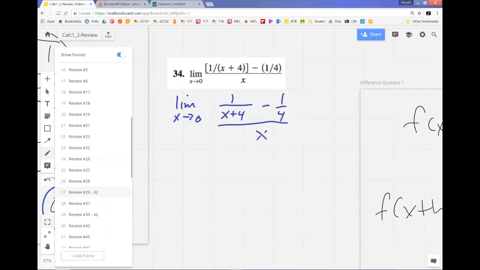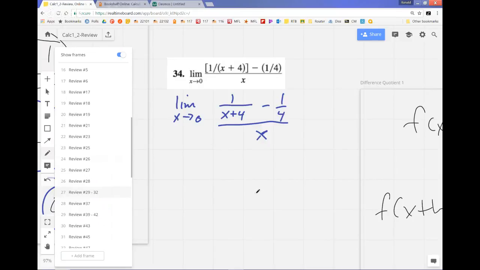So that's the bad news about the way the book will sometimes write a problem. It's a little bit hidden. This is what we're really doing. Well, we can't substitute because of the denominator, so we have no choice but to get that top thing together.